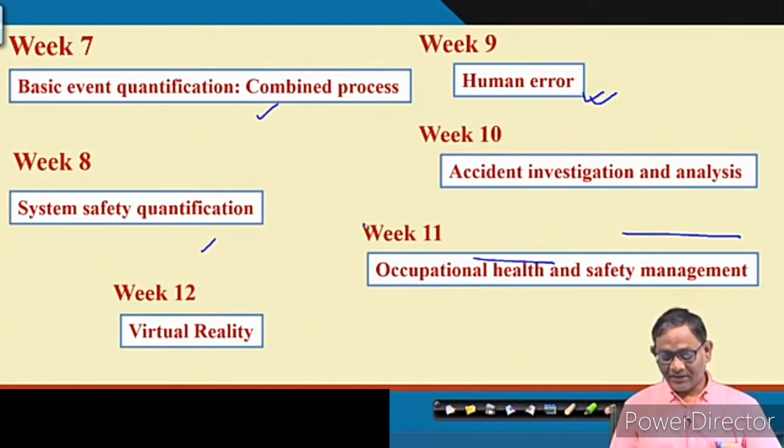The primary discussion was on what occupational health and safety management is, what safety performance indicators are, primarily from the leading and lagging point of view, and he also discussed energy isolation.